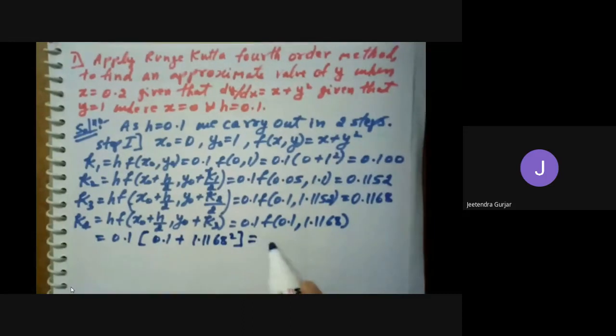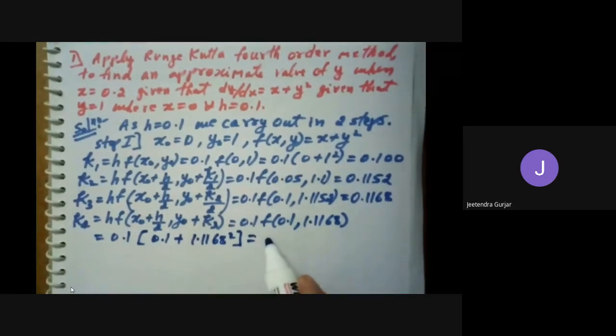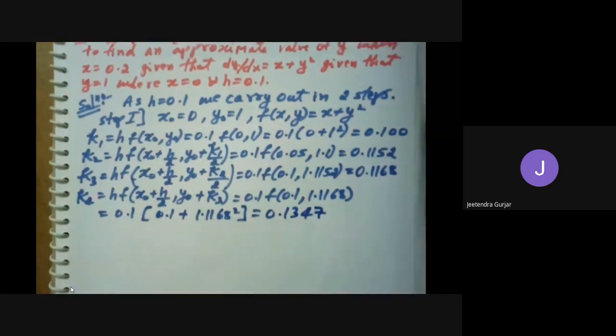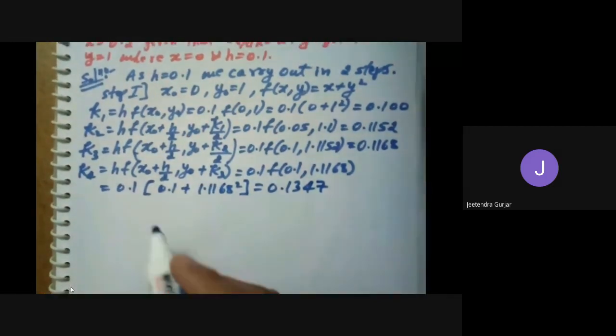When you substitute the values, it is going to become 0.1 bracket 0.1 plus 1.1168 square, because it is x plus y square. So when you substitute, this is going to become 0.1347. By mistake, sorry for that, I have just misplaced one value here. Try to remember that it is 0.05. There also it is 1.05. But the answer you will get is the same. That is not an issue.